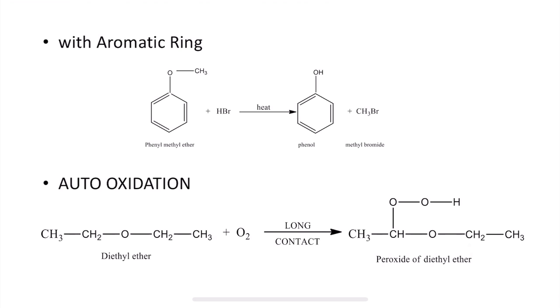At the end of the distillation, the temperature increases and the residual peroxide may explode. Hence, ether should never be evaporated to dryness. This is very important to understand while handling or dealing with ethers.